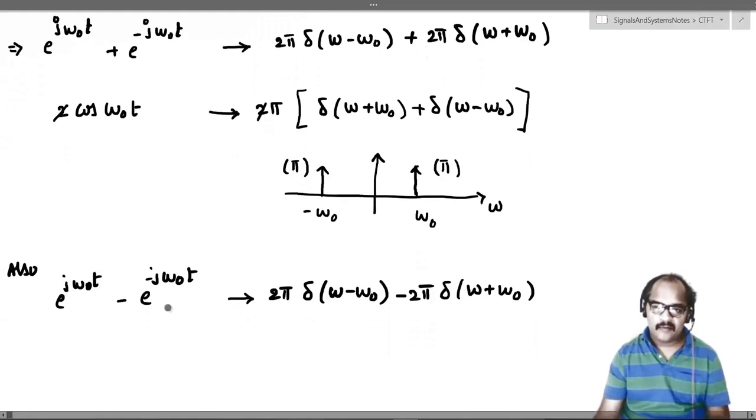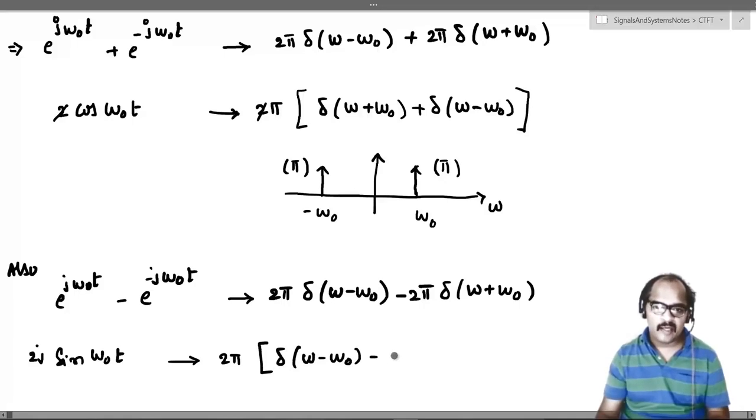But we already know that e power j omega naught t minus e power minus j omega naught t is 2j sine omega naught t. It will have as Fourier transform 2 pi times delta of omega minus omega naught minus delta of omega plus omega naught.